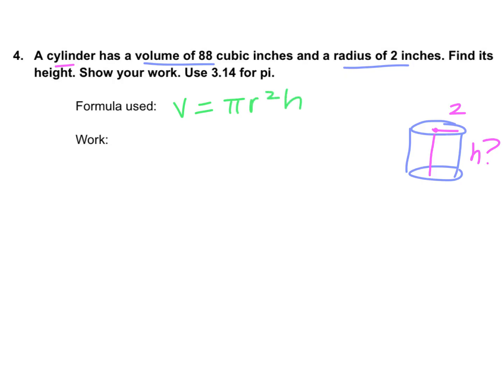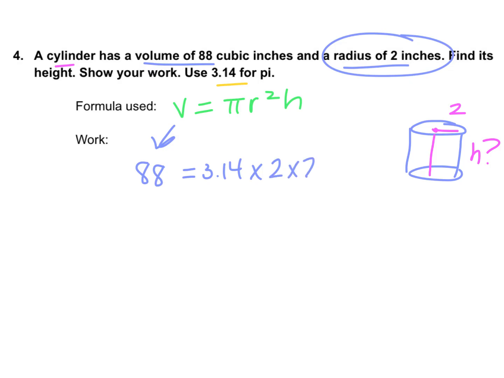And now I'm going to show my work. So I know the volume is 88 cubic inches. I know that I'm supposed to use 3.14 for pi because the directions said that. And then I do also know that the radius is 2 times 2 times 2.